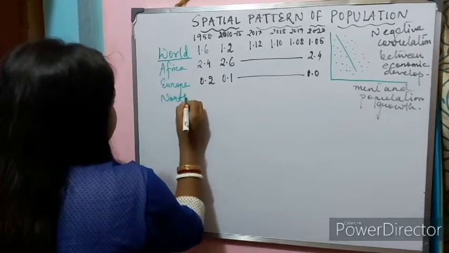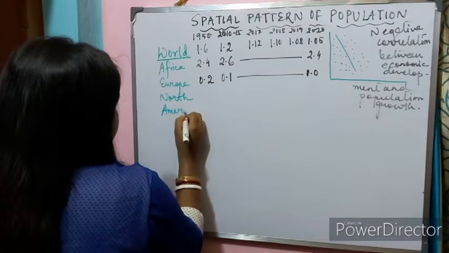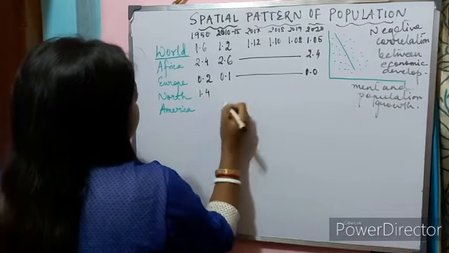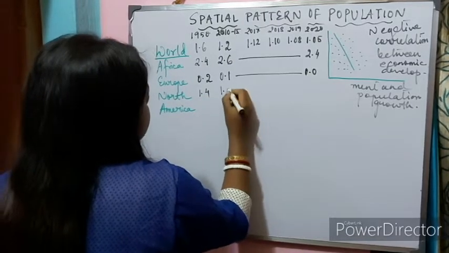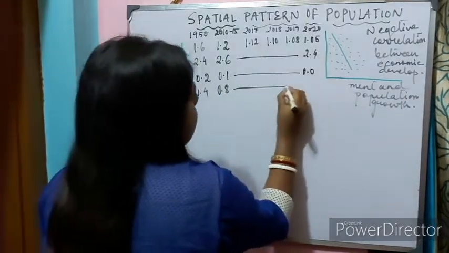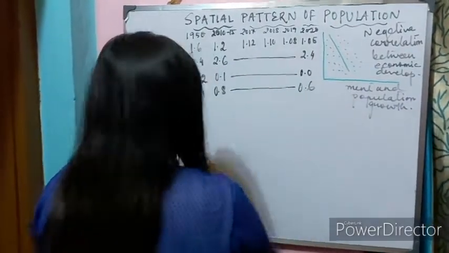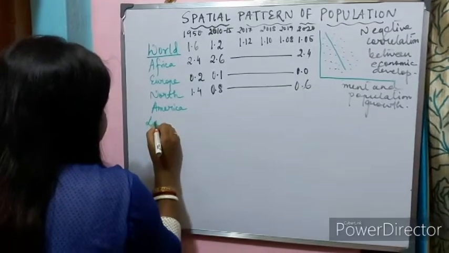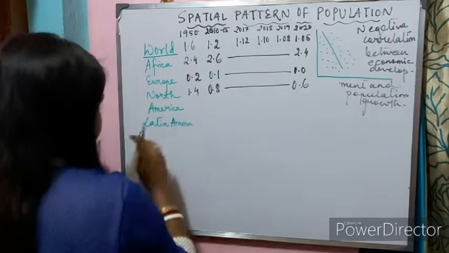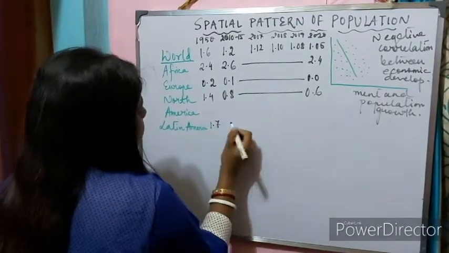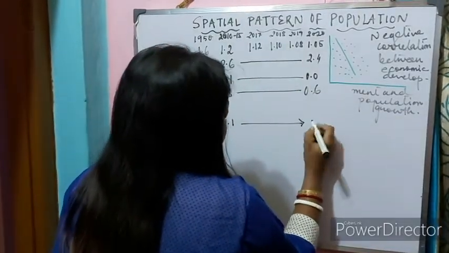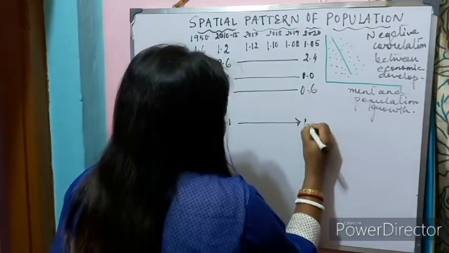In North America, it was in 1950 1.4, which changed to 0.8 in 2010 to 15, and in 2020 it is 0.6. In Latin America, in 1950 it was 1.7, which reduced to 1.1, and in 2020 it is 0.9.